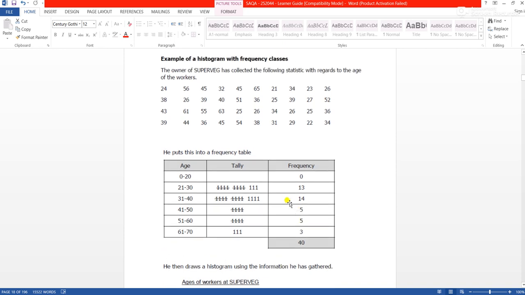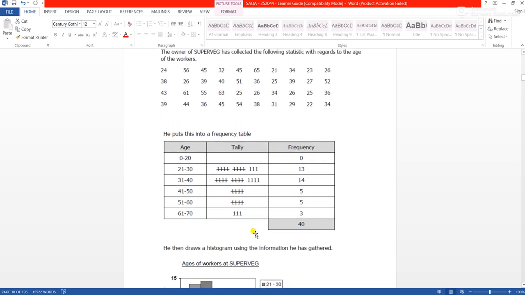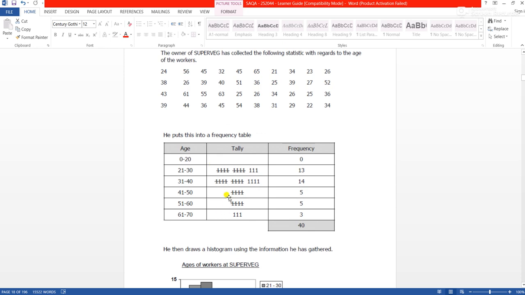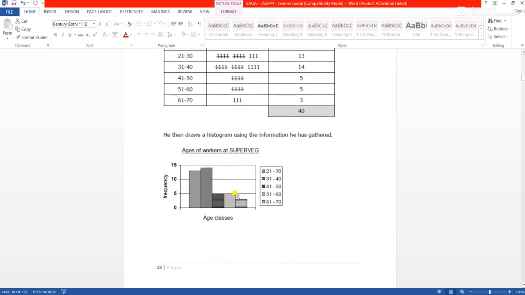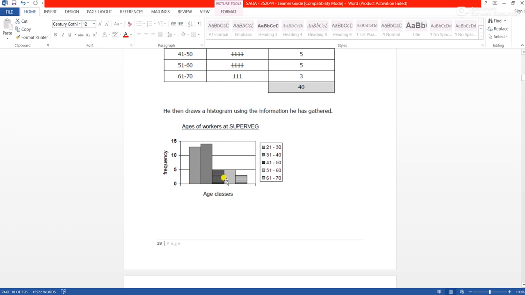The good thing is we have managed to do a frequency table and our class intervals, we completed that. Now, based on the information that we got, we can easily construct our bar graph or histogram. In this instance, this is a histogram because there are no spaces. But if the years or the ages were not continuous, we would have spaces in between.